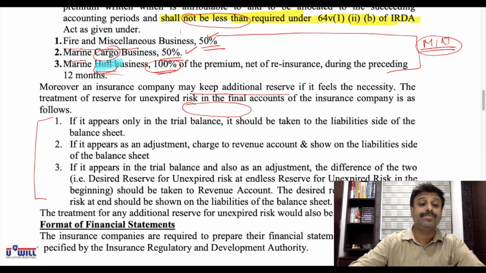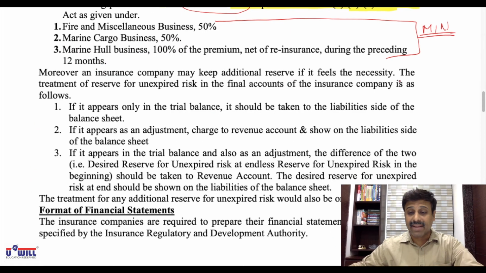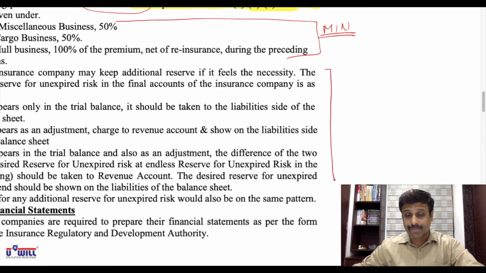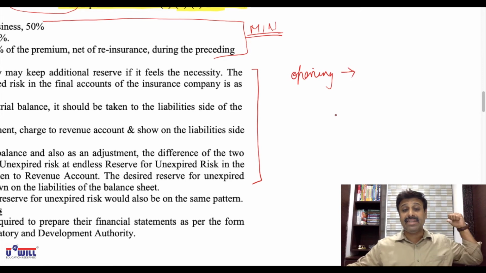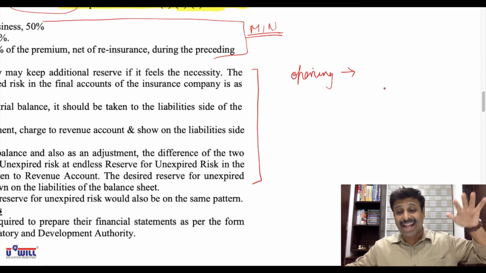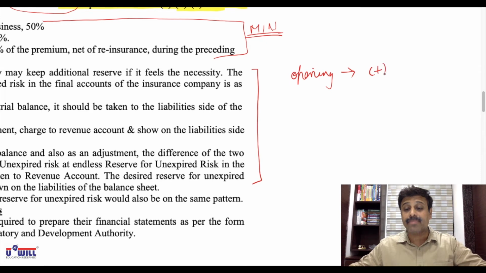See, in simple language, what you all will remember is simply, as it represents pre-received income, if it is opening, meaning at the beginning of the year, it means last year we received the income in advance for the current year, so it actually belongs to the current year, we will plus. Whatever is opening reserve for unexpired risk, we will plus.